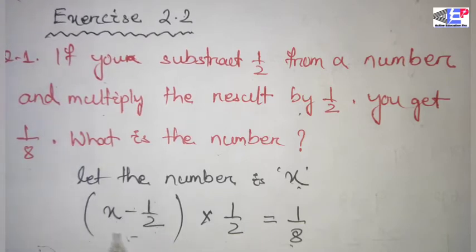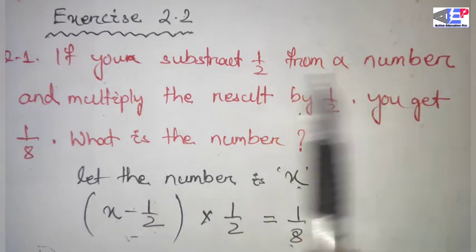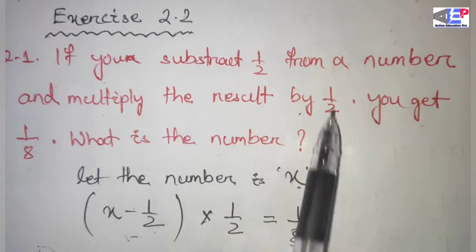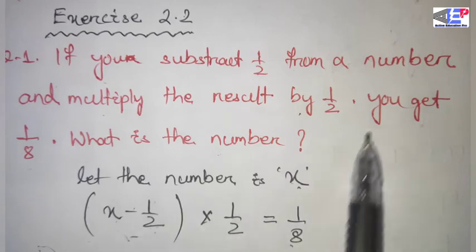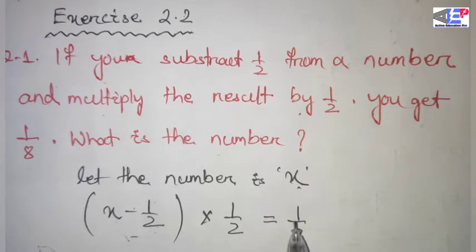So the final subtraction result is x minus 1 by 2. Then it is multiplied with 1 by 2, like a number, and multiply the result by 1 by 2. And finally you get 1 by 8.